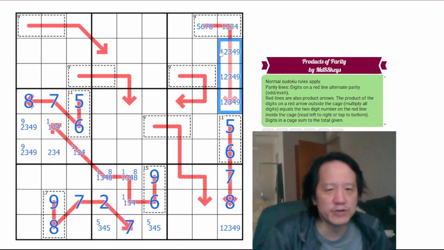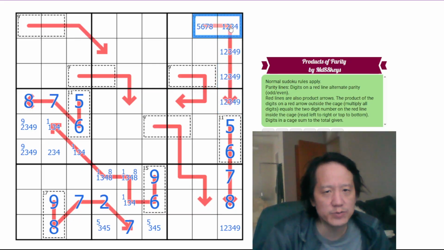What does this multiply to? So we can have 129, which multiplies to 18, but that's not possible as a digit here. We can have 139, that's 27, but again, you can't multiply together to get that anything.